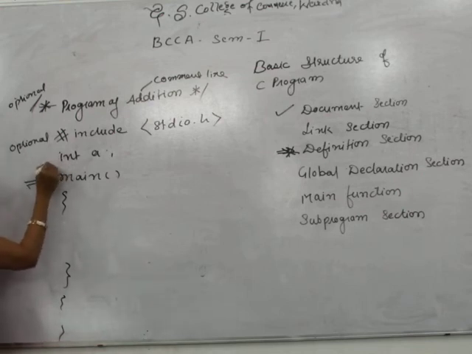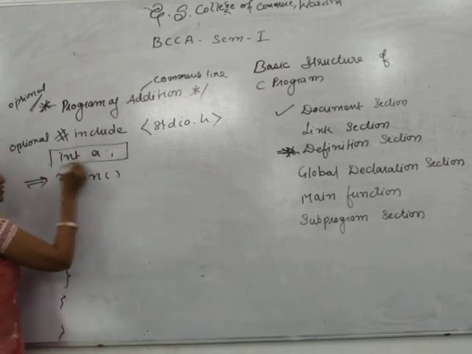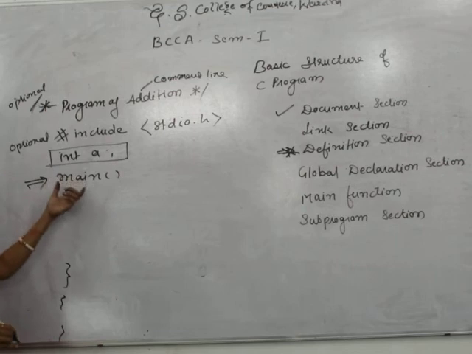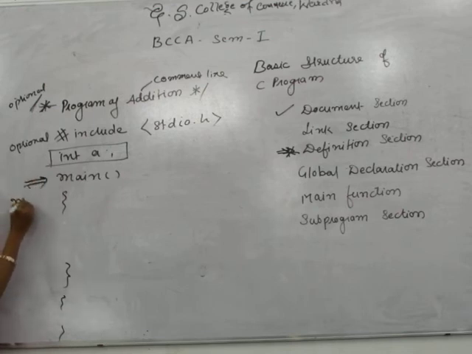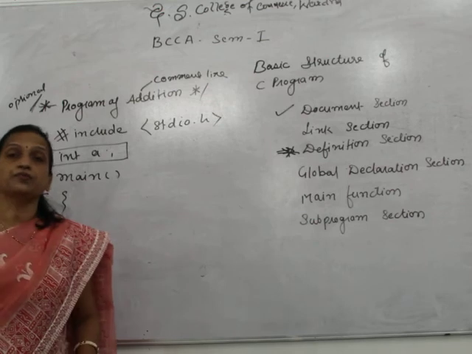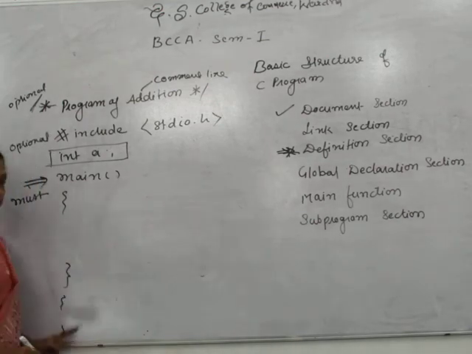Whenever we need a global declaration we have to use it. It is not compulsory, it is optional, but the main function is a must, because every C program must be written in a main function.